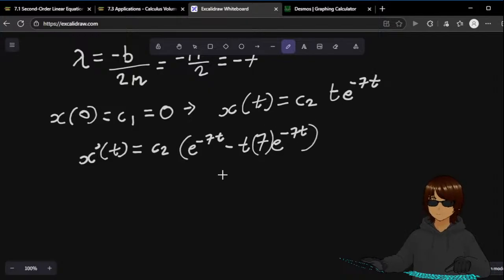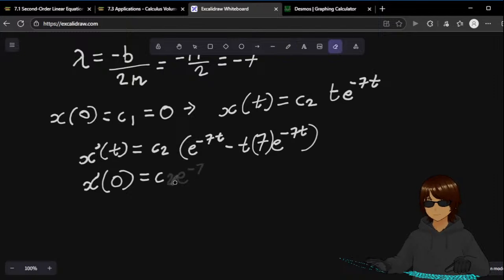Then when we do this at 0, we get c2 e^(-7t), but this becomes 0 and this becomes 1, so we are left with c2, which is 3 meters per second.